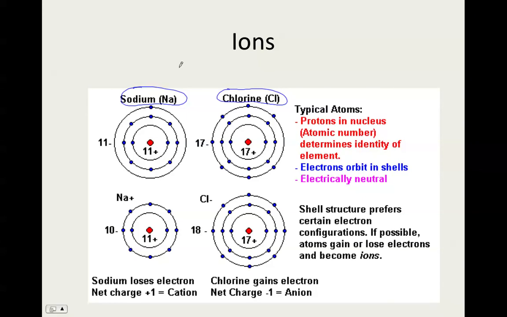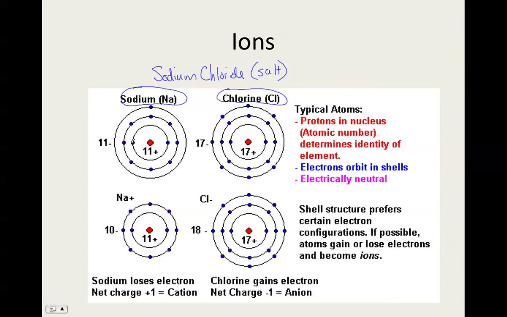When the chlorine gains the electron from the sodium and the sodium loses the electron to the chlorine, you form a compound called sodium chloride. Some of you may have heard of that before because it's the chemical name for salt. Sodium chloride is an ionic compound.